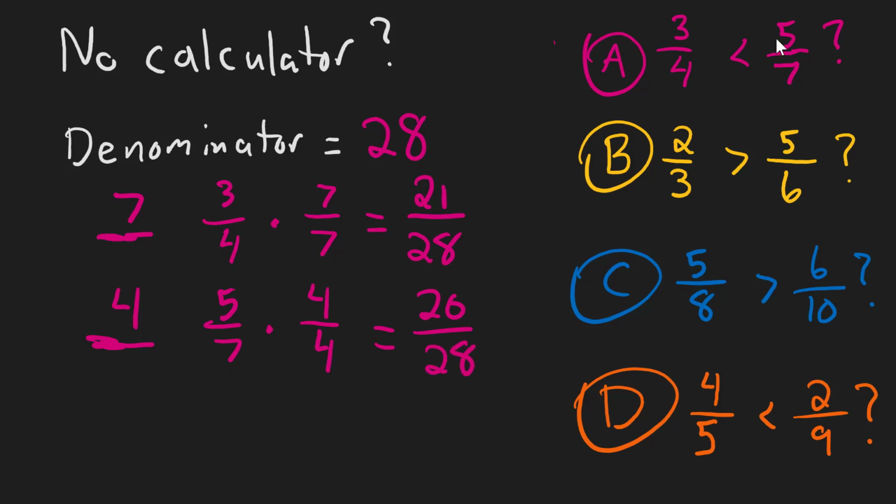And 5/7 converted into 28 is 20/28. And so now 3/4 is 21 over 28, and 5/7 is 20 over 28. And so is it true that 21 over 28 is less than 20 over 28? No, it is not. 21 is not less than 20, and so part A is not true.